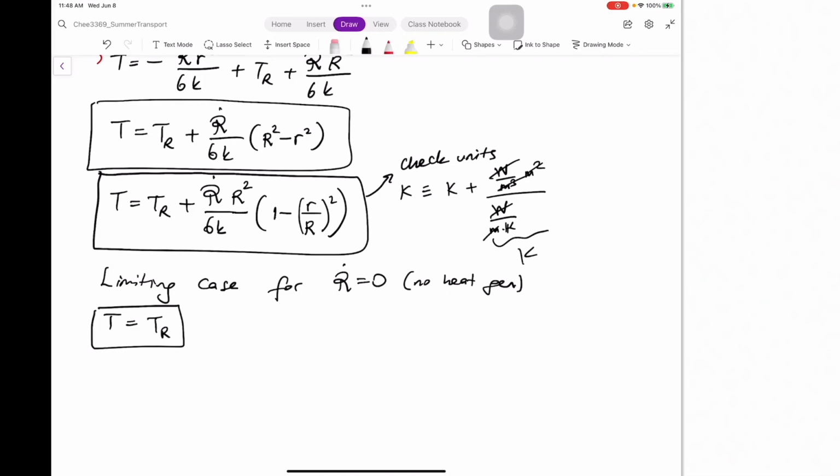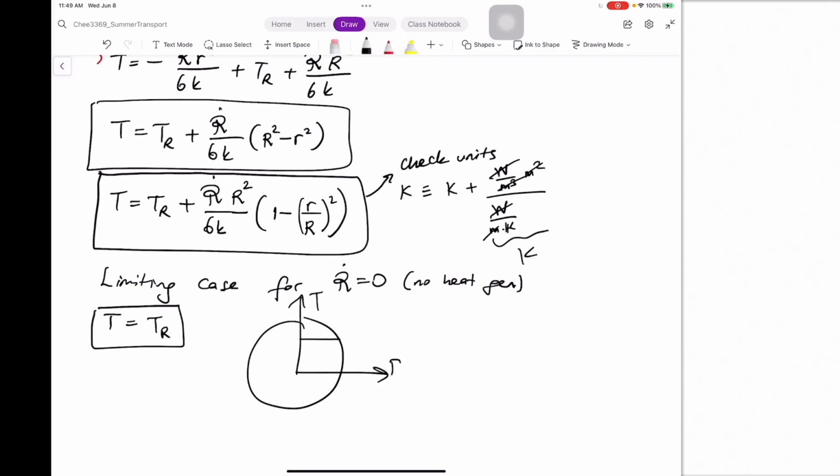What does it mean? Okay, anybody who can tell me what this means? Temperature would be uniform, constant. Exactly, temperature would be uniform. Imagine that this is your temperature, and this is your radius.